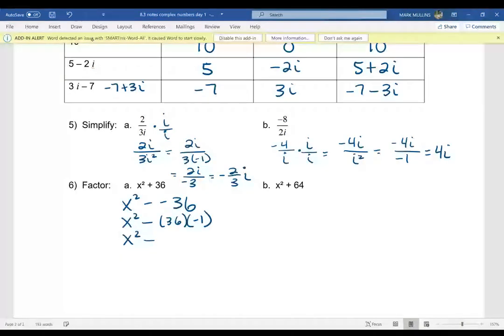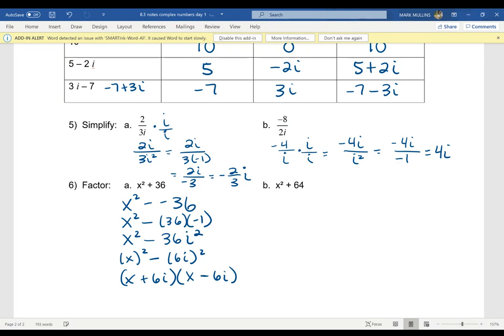Now I'm going to substitute, and instead of a -1, I'm going to write i squared. So now I can clearly see that I have x being squared, and 36i squared is like 6i being squared. I have two squares with a minus sign in between, so I can do sum and difference of squares. So x plus 6i, and x minus 6i.